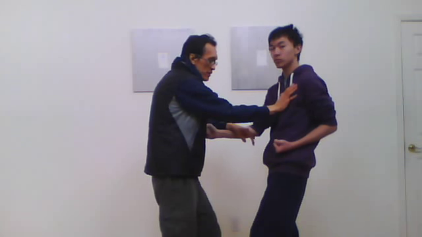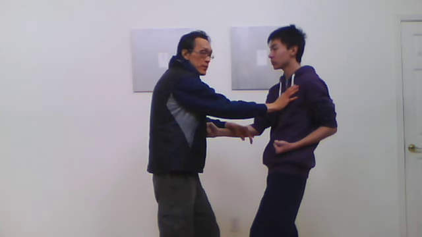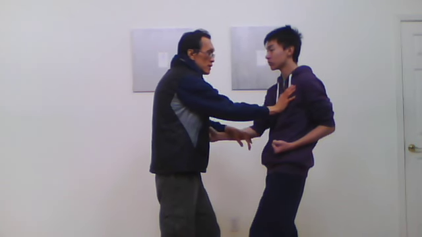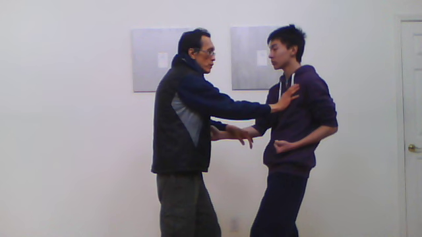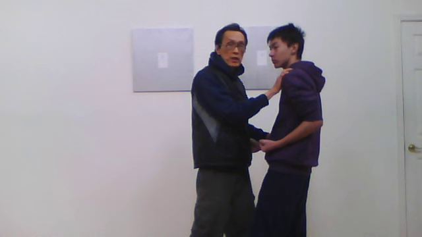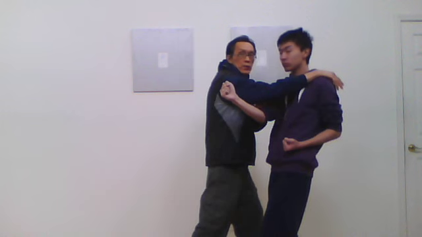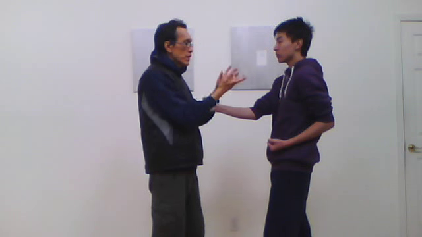I have to be able to accept this thing to go this way, and after that contact, I have to be able to follow his struggle and make use of him, or his momentum. Or I can go this way, and after this contact, I can make use of his momentum to play with the situations.